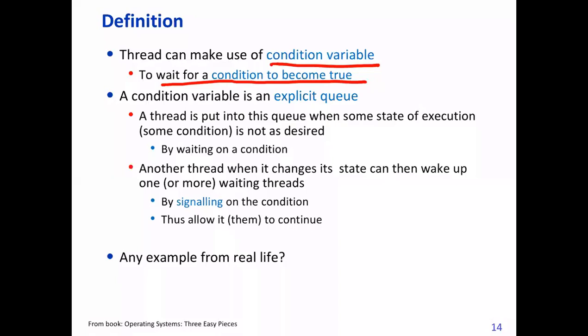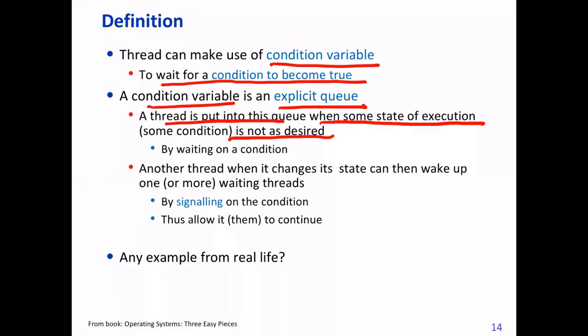This condition variable is actually the name of a queue, in some sense. It's an explicit queue associated with that variable. So a thread is put into this queue when some state of execution is not as desired.